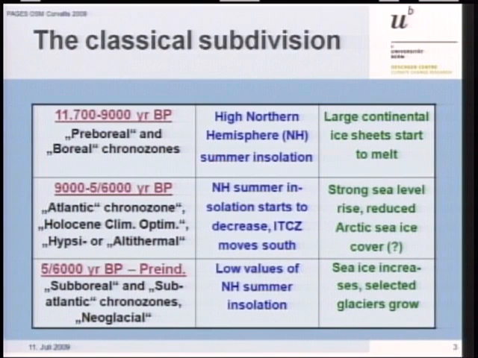That is the classical expression by Denton and Karlén, looking at the subboreal and subatlantic chronozones. Low values of northern hemisphere summer insolation were typical for this period, sea ice increased, and we had many glaciers growing during this period.